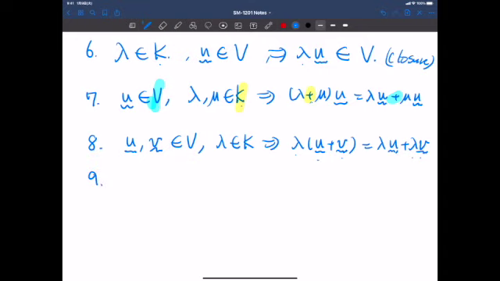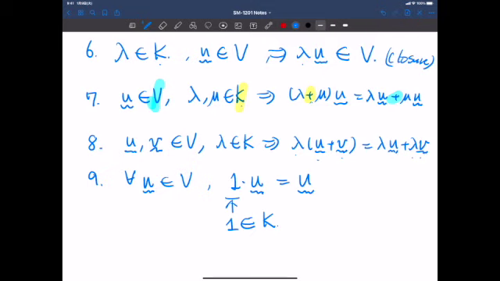And 9, for any vector, if we multiply by 1, the vector doesn't change. Remember, this 1 is the multiplicative identity of the scalar field.